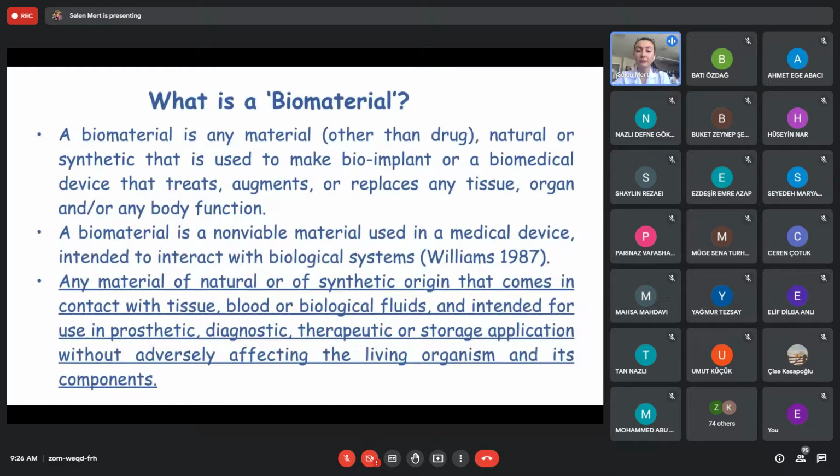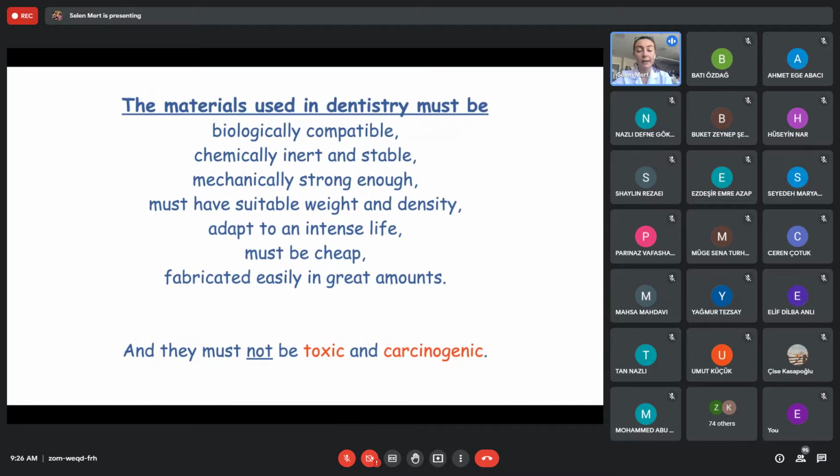There are several definitions of biomaterials. You should take a look at these. We also use several materials in dentistry, but what should be the properties of these materials? These materials should be biologically compatible and not harm the living organism, chemically inert and stable, and mechanically strong enough to resist the forces in the mouth.